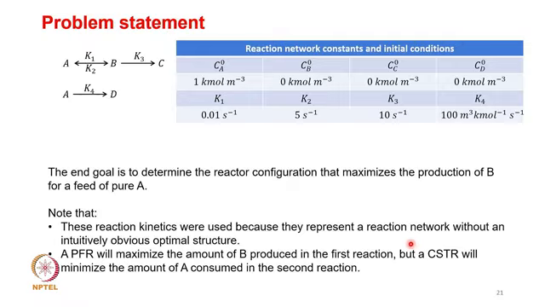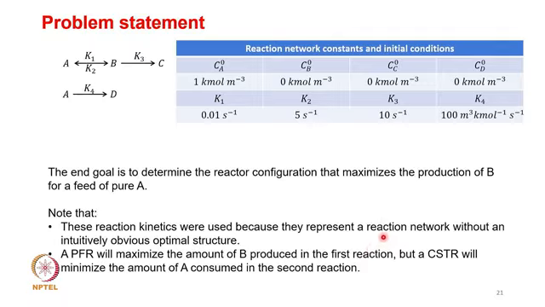These reaction kinetics were used because they represent a reaction network without an intuitively optimal structure. Because as you may see, A is going to B, and B is of course moving to C, and A is having a side reaction of going to D, and we are interested in maximizing the production of B. So it is not very clear from the reaction structure what is the best design that we can have.